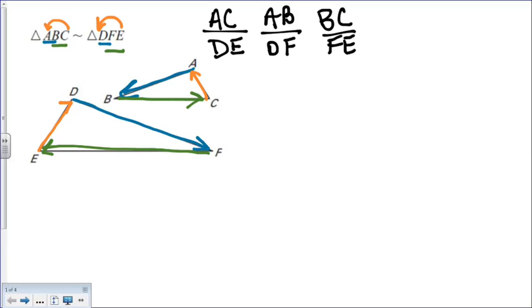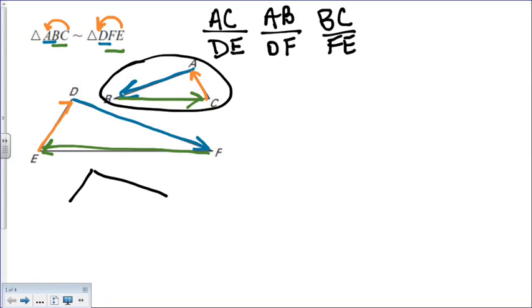Now, it's kind of confusing because look at the picture: one triangle is facing one way, the other triangle is facing the other way. So if I were to redraw this triangle down below, it would look something like this. All I did was rotate it a little bit. So here's A, but C is over here, and B is over here.